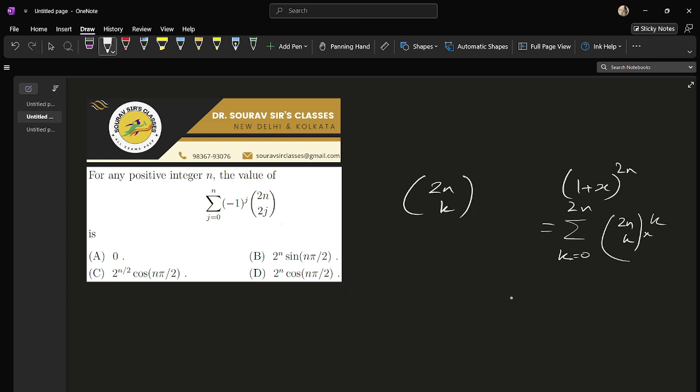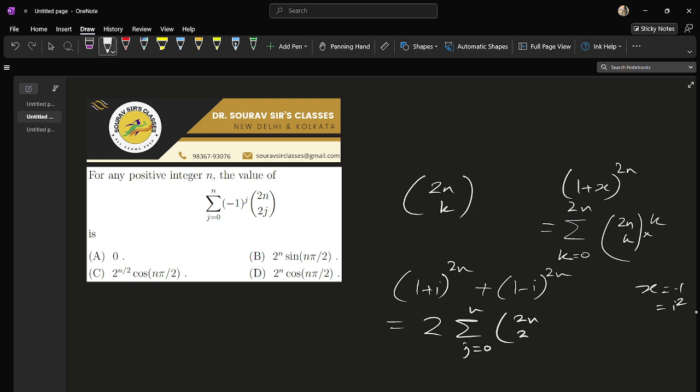Now to isolate the even powers, we can use the fact that 1 plus i to the power 2n plus 1 minus i to the power 2n, using x equals i, where i square is minus 1, will equal 2 into the summation j equals 0 to n of 2n chooses 2j times minus 1 to the power j.